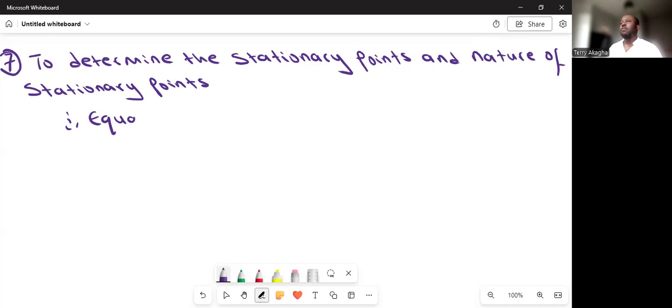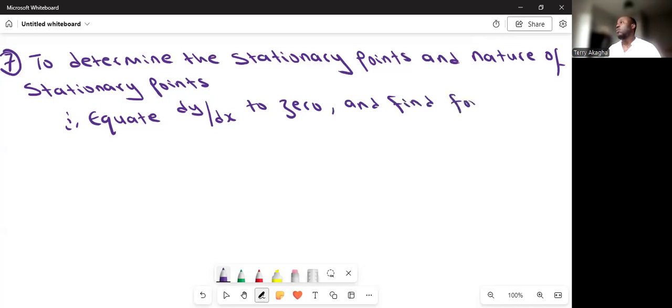So you have to equate dy over dx to 0, and find all possible values of t. It's key: all possible values of t.